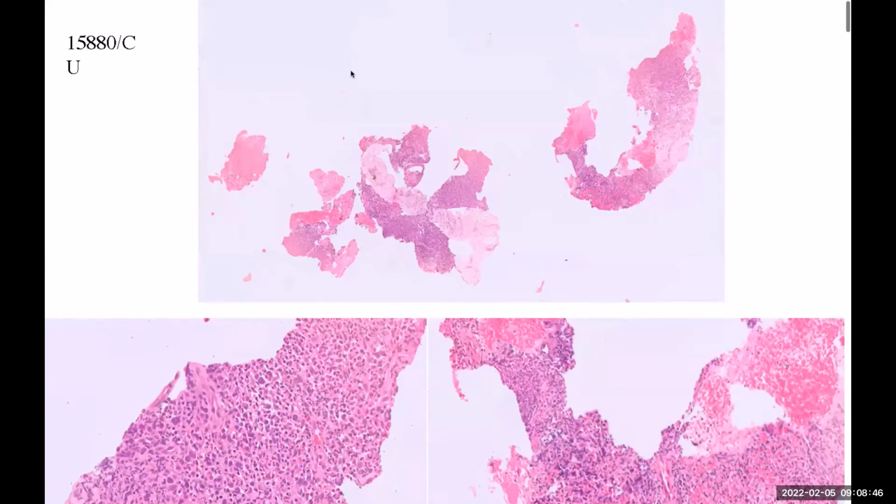Here, what you see on the screen is that we got multiple fragmented cores of tissue. The lower row of pictures highlights the difference in morphological areas. Somewhere there is dominance of larger cells, somewhere it is polymorphous. Next slide, please.